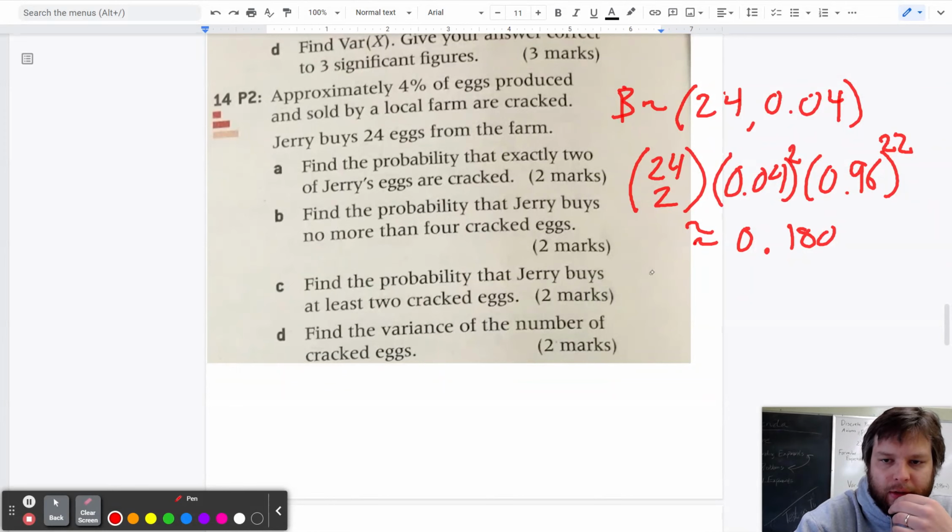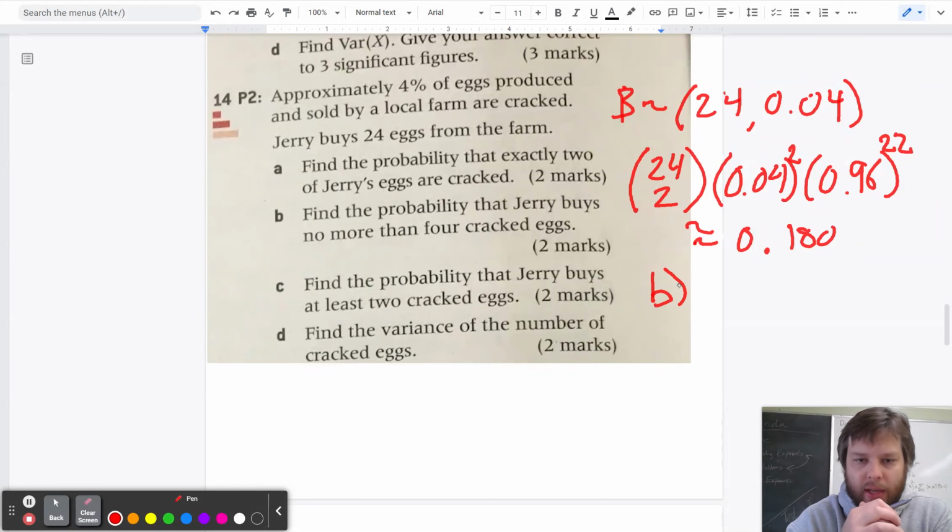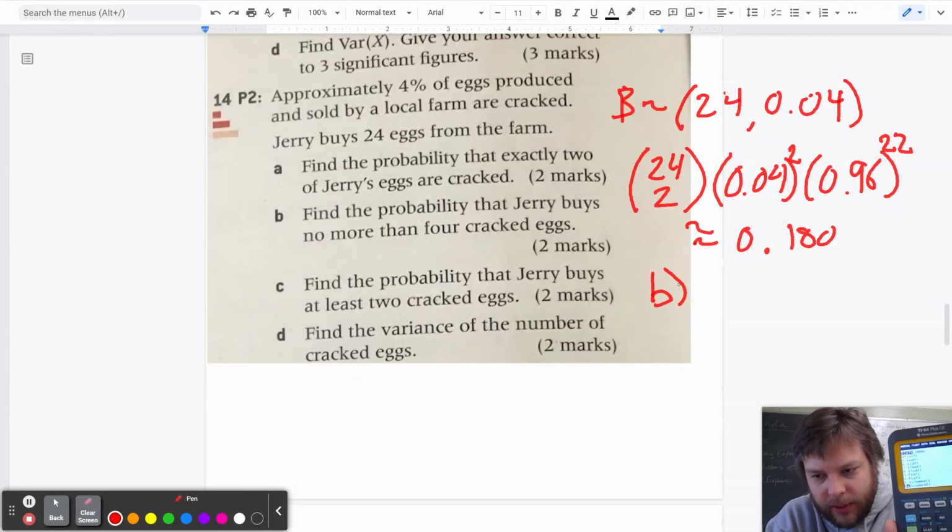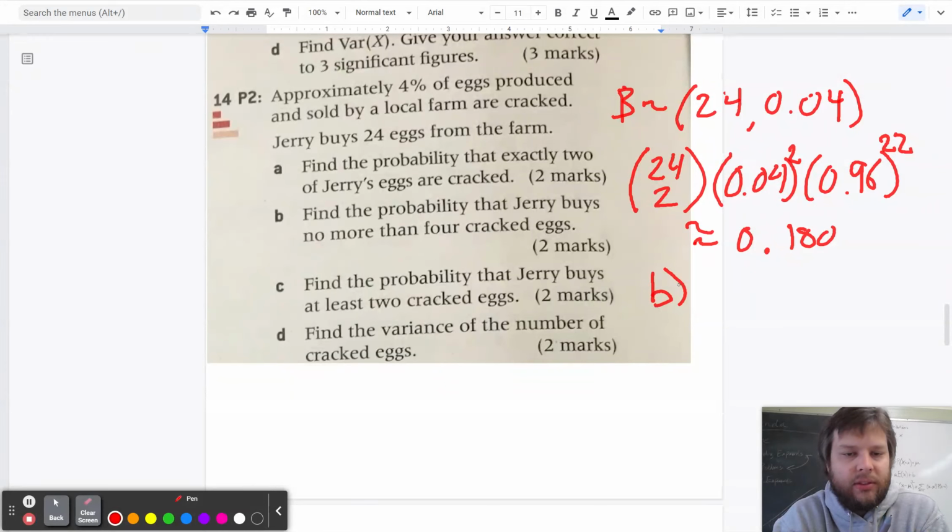Okay, then find the probability that Jerry buys no more than 4 cracked eggs. We can use the binomial cumulative distribution function on the calculator, the CDF, to find that they have no more than 4 cracked eggs here.